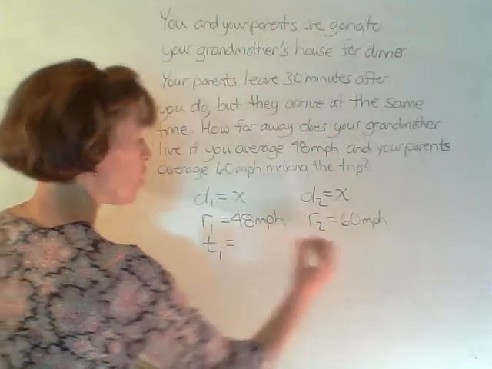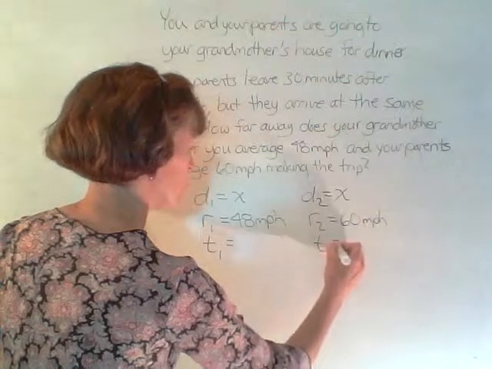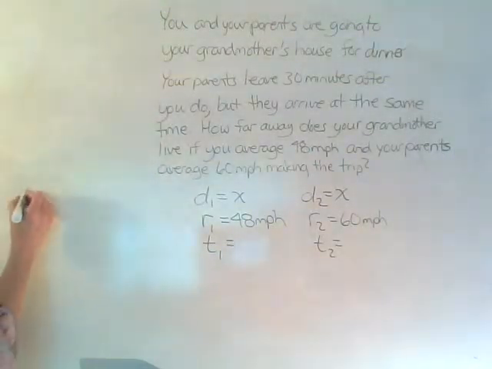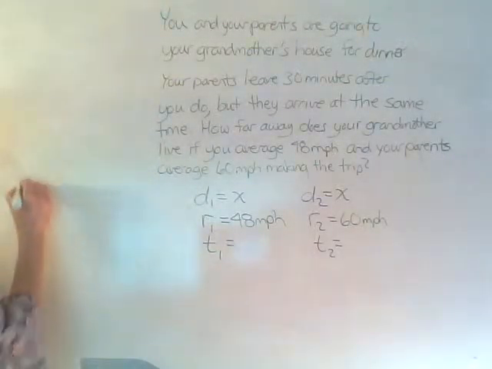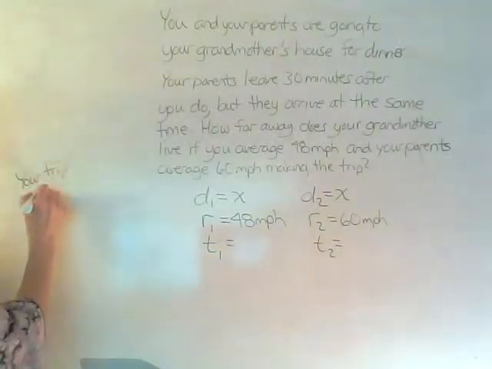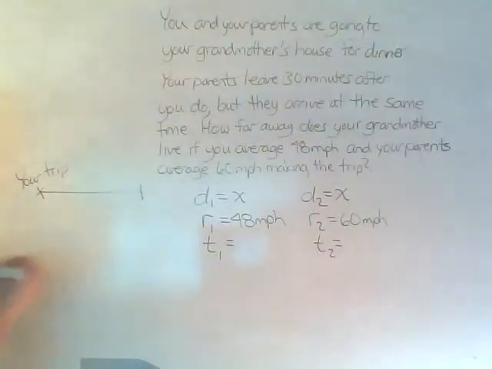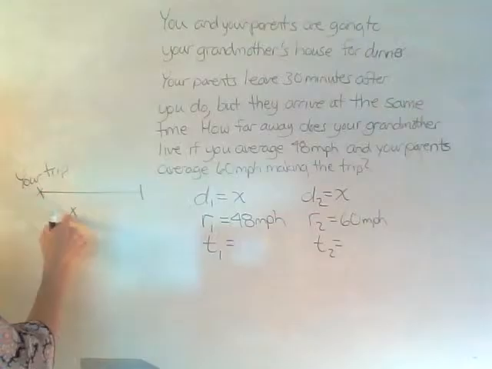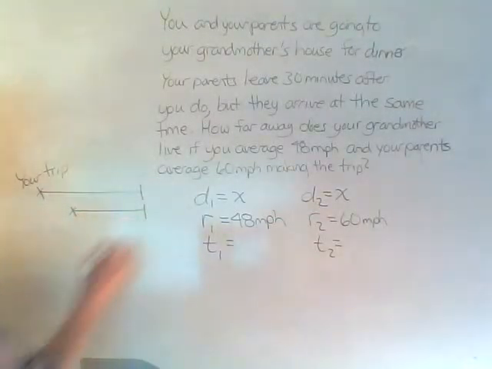Now we don't know how long it takes you or your parents, but we can draw a timeline to illustrate how much time it takes. So when we draw our timeline, here's your trip. You leave here, you arrive here. But your parents don't leave at the same time. They leave later. This is not a distance picture, it's a timeline.